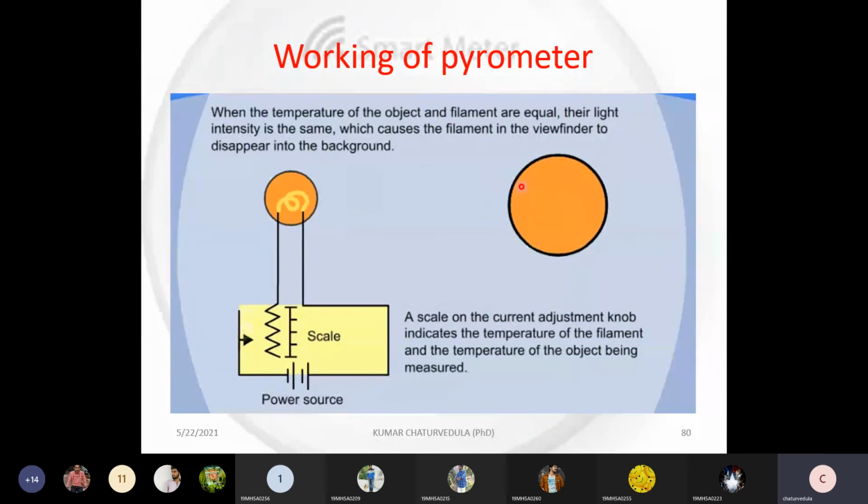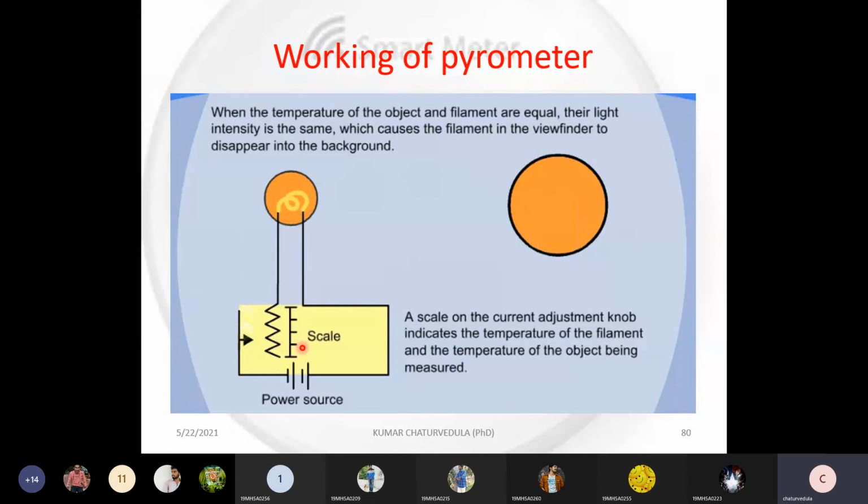Now you cannot find any viewfinder here, so your viewfinder will be in the background. Here we have the scale, and by using that adjustment knob, you can see we have varied the adjustable rheostat.